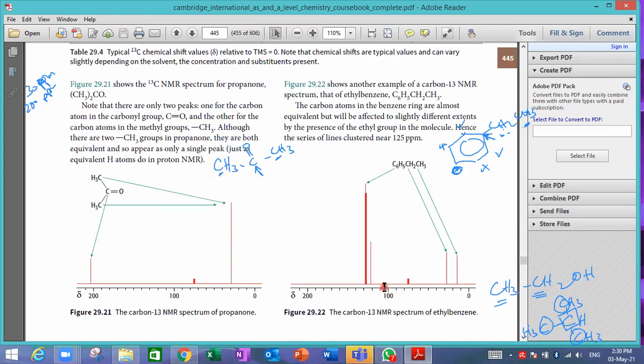It is in the range from 0 to 40. Understand? We look at our spectrum and we look at the table and determine which one corresponds to which one.